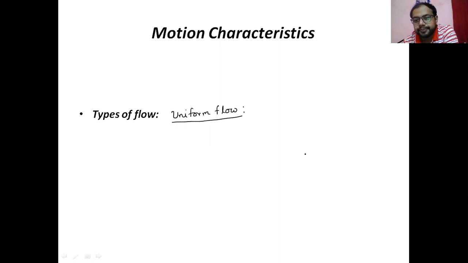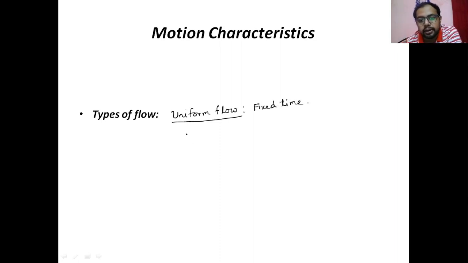Uniform flow, we might have discussed in your viscosity portion, the plate analysis, whenever doing the slip and no slip condition, at that time we talked about the uniform flow slightly. So for uniform flow, you fix the time, some fixed time, and you analyze.